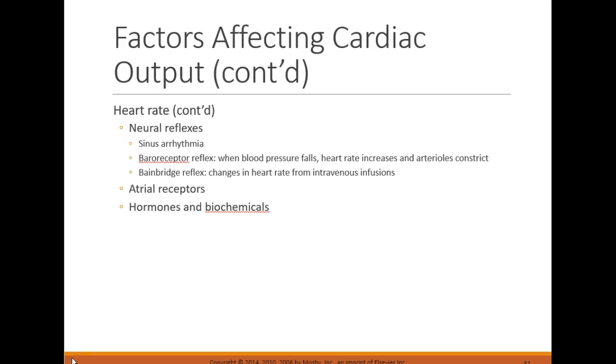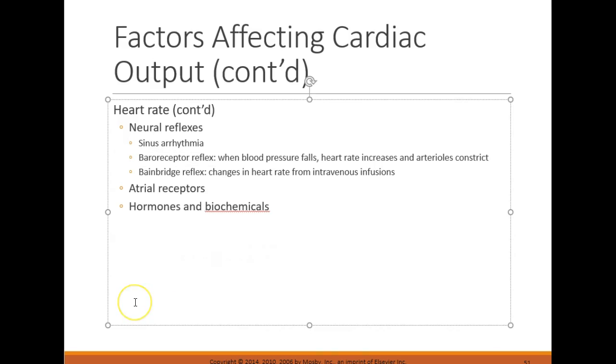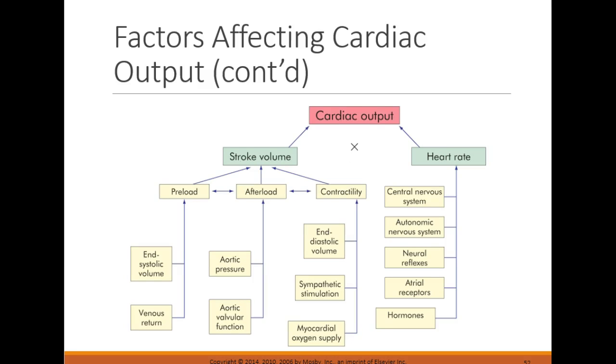So when our blood pressure falls, these baroreceptors signal that the heart rate needs to be increased and that arterioles need to be restricted. The baroreceptors are located in the aorta and carotid arteries. When they notice the blood pressure is low, they signal for more output.